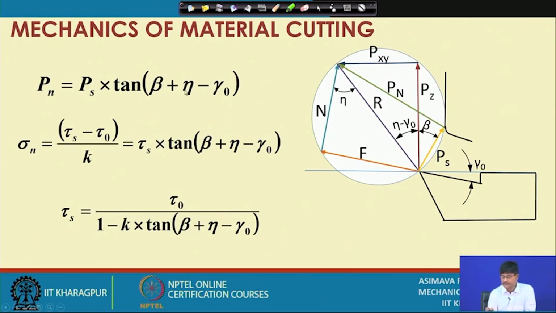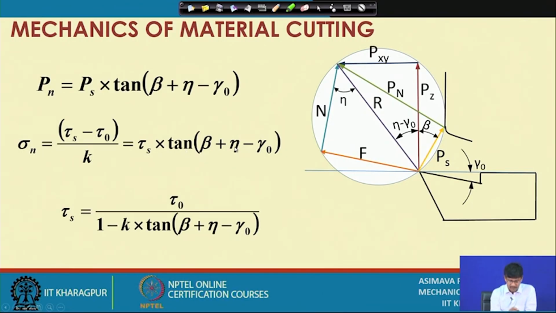We have a tangential relationship: Pn is here, Ps is here, and this is the angle beta plus eta minus gamma 0. So, we have a tangential relation between these two. If we divide it by the shear plane area As, we have sigma n replacing Pn, and Ps gets replaced by tau s, and tan remains as it is.